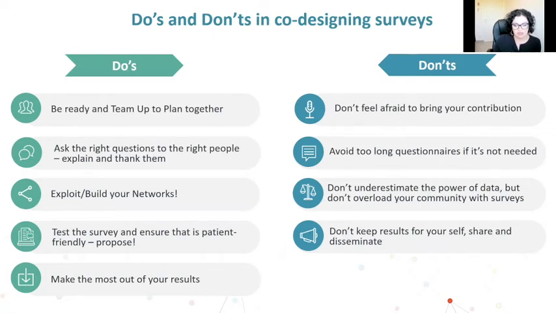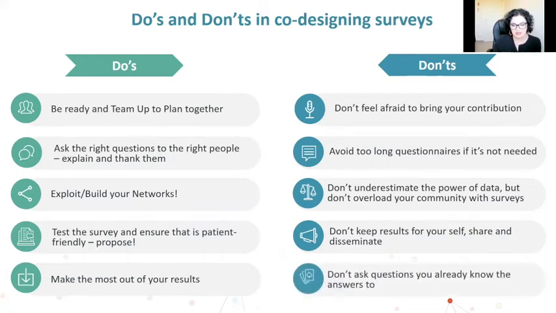Again, in ReCONNET, we are using the scientific publication, and also the infographics for patients, as Jessie was mentioning. So this is one of the ways, but you can find your own ways. The last point is, again, a very important point.